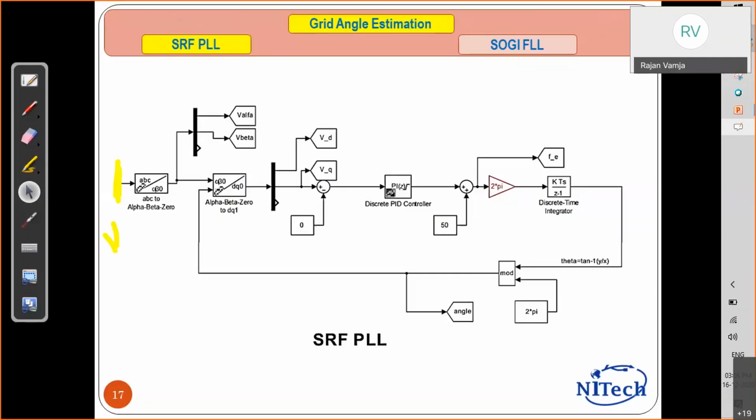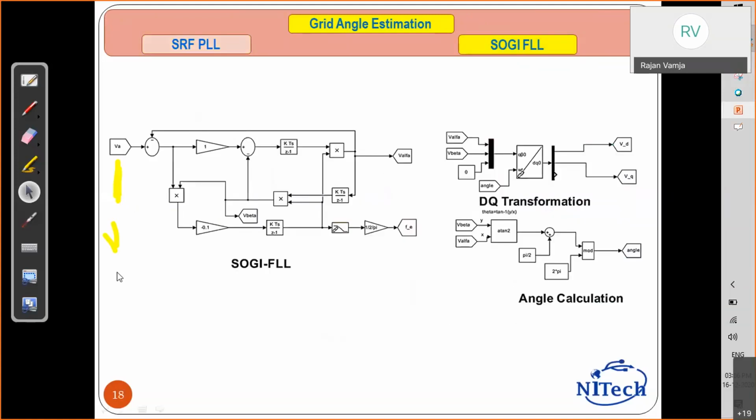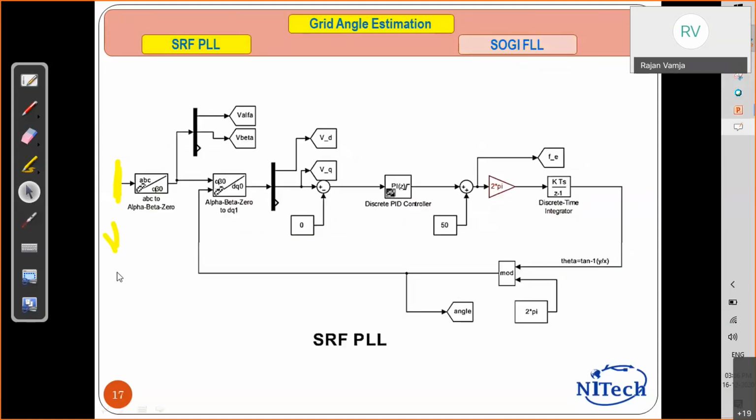These 3 voltages are available, or we can sense these 3 voltages while you synchronize your inverter with the grid. So here these 3 voltages will be there, means we are having the vector information. This is the V vector information.